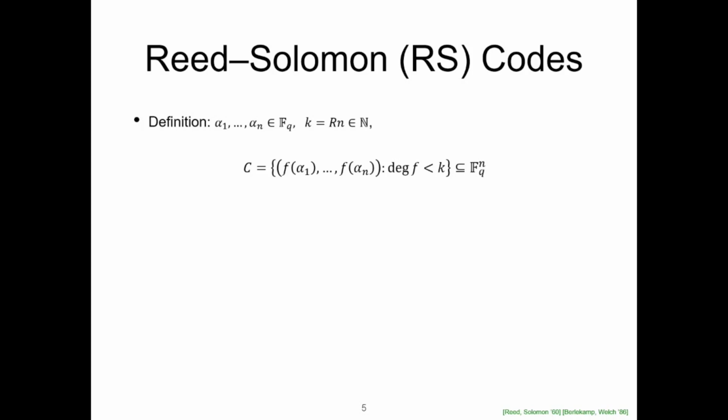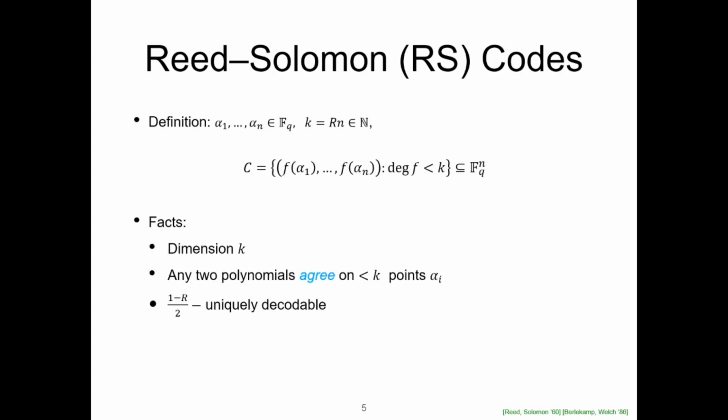So this is a linear code called Reed-Solomon codes, and here are some basic facts about this code. Its dimension is exactly k, and any two different polynomials agree on less than k evaluation points.